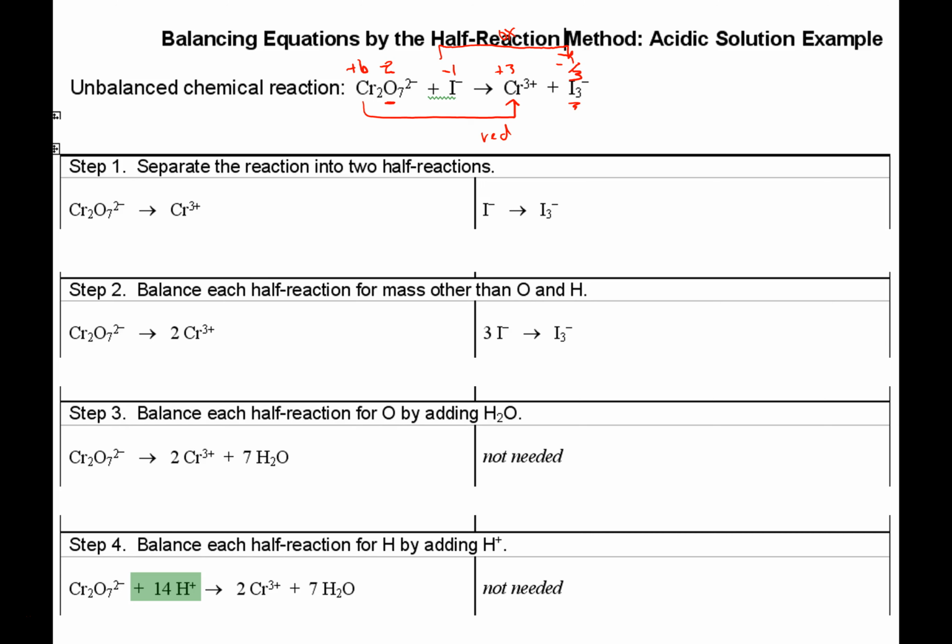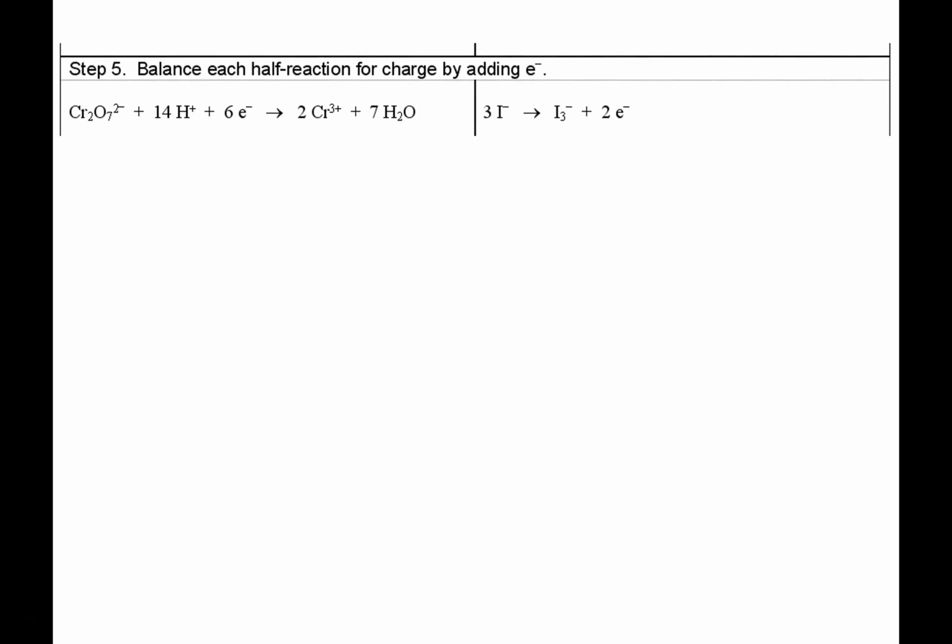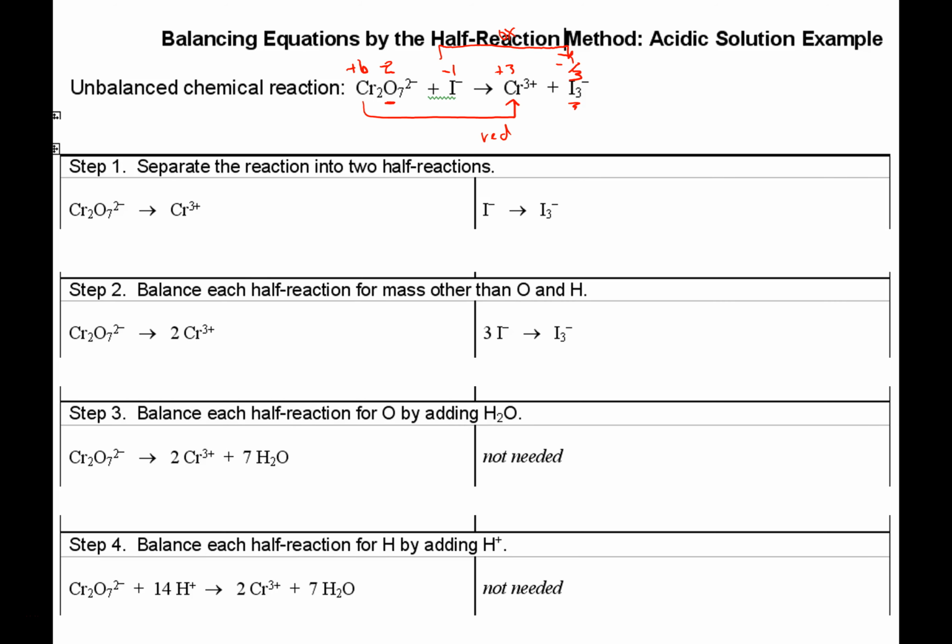So the next step is to balance it for charge. So this is how this looks. Let's see. Before I do that, I'm going to go backwards. Do you see what our charge is over here? So I'm going to put a brick wall here. This is actually step 4. I'm going to use step 4 to see what we're going to do for step 5. We have, of course, the charge on the reactant side, the charge on the product side.